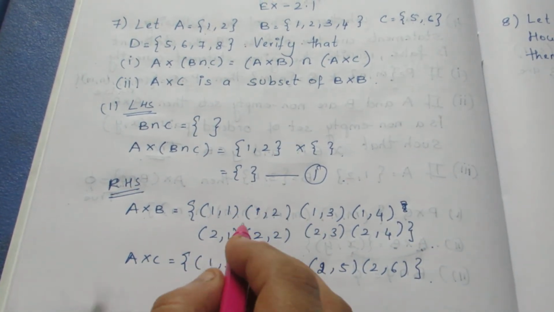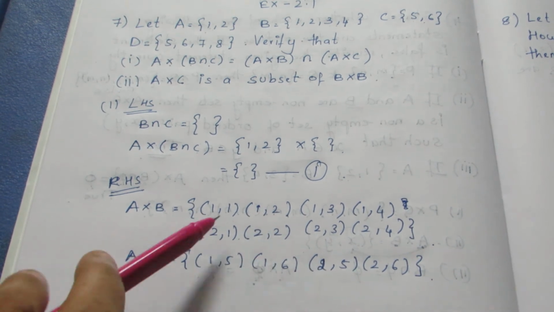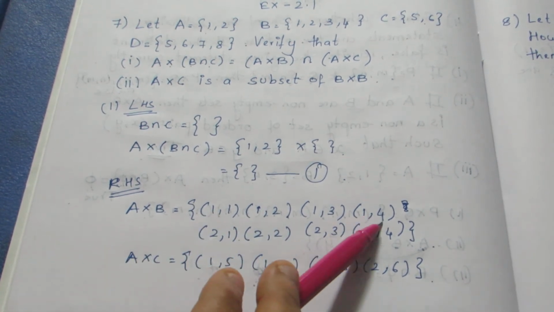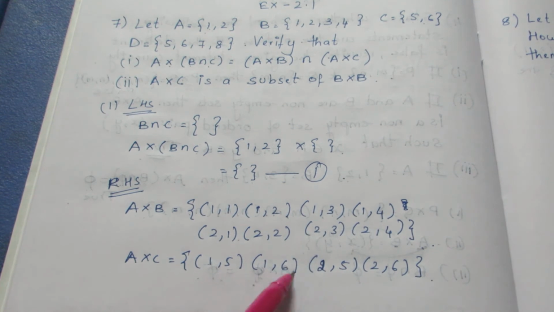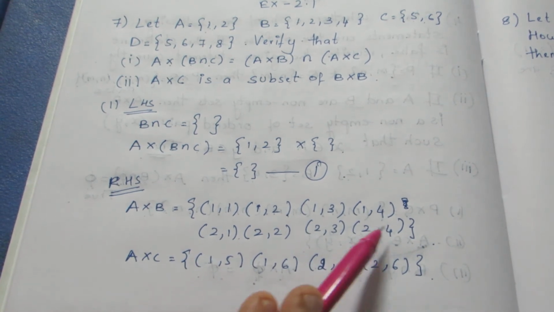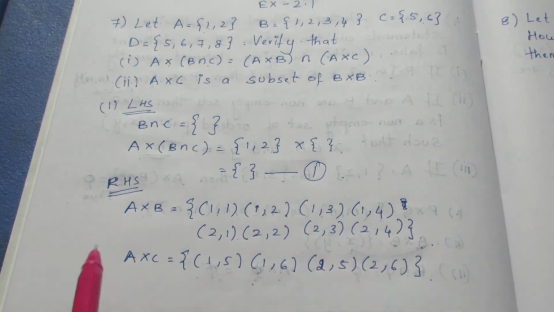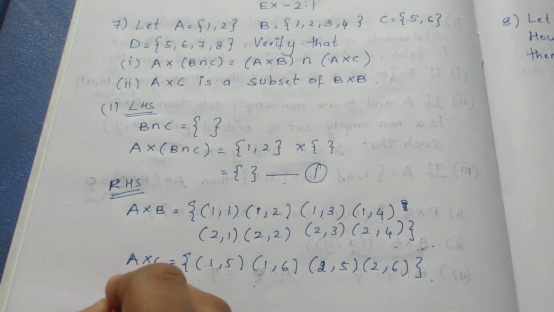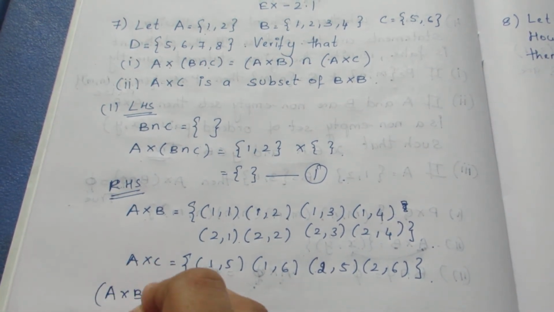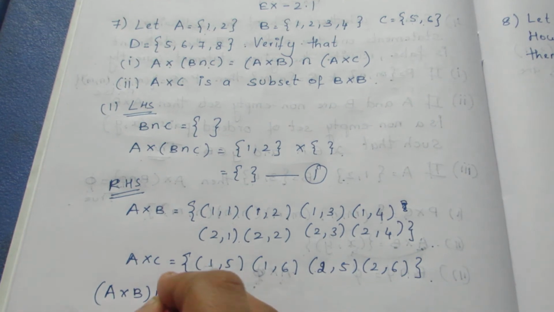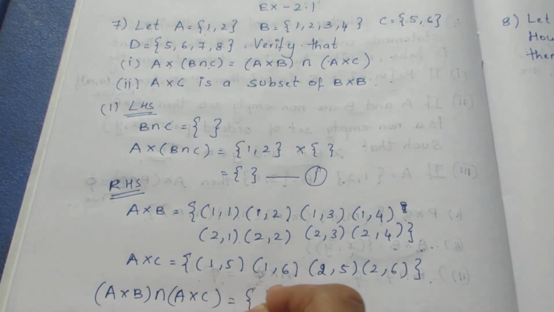Now we need to find the intersection of these two. (1,5) is not here in this, (1,6) is not here, (2,5) is not here and (2,6) is not here. So (A cross B) intersection (A cross C) is a null set.